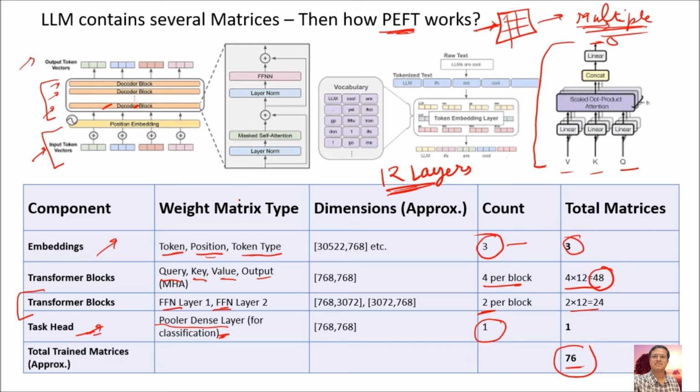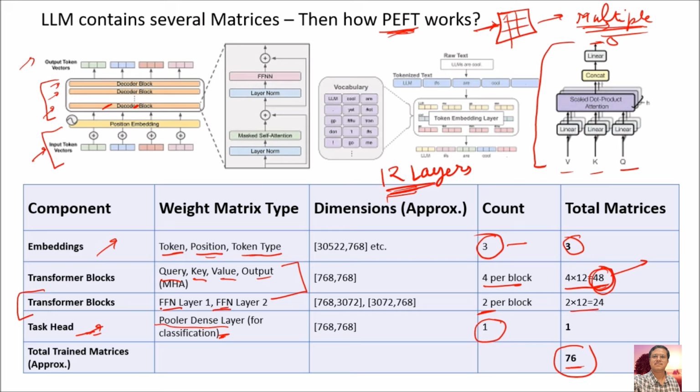But generally for complex and core applications, we target the query, key, value and output layers. It means that through PEFT for a 12 layer transformer, we generally try to change 48 matrices, adding fine tuning values to 48 matrices.